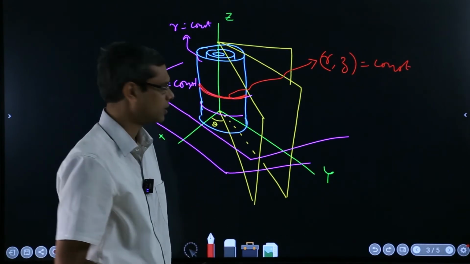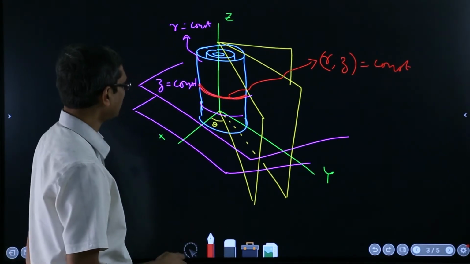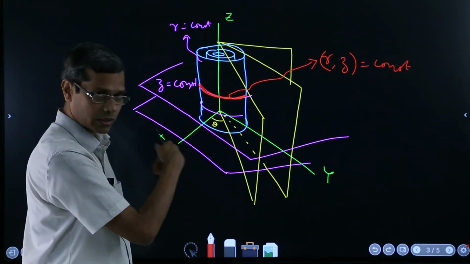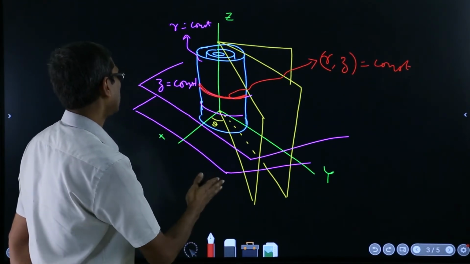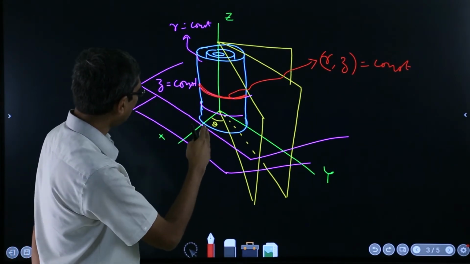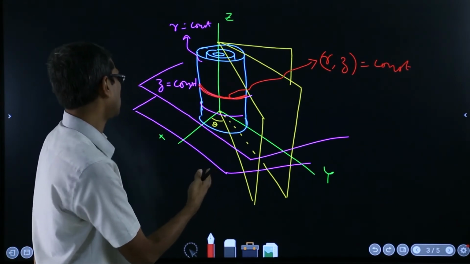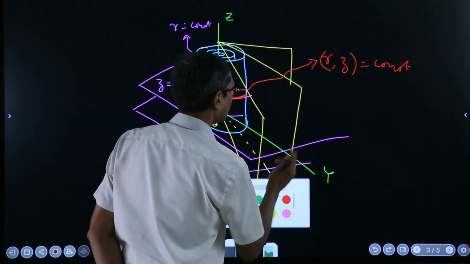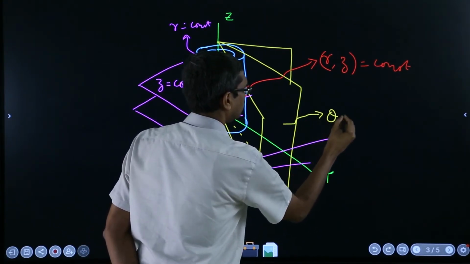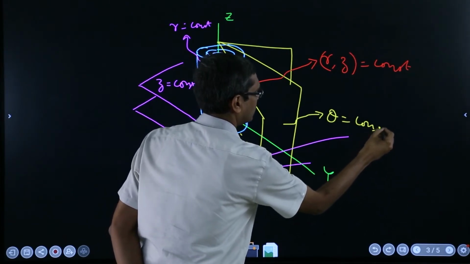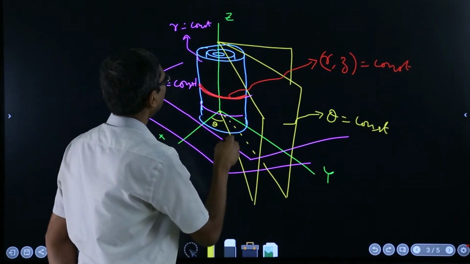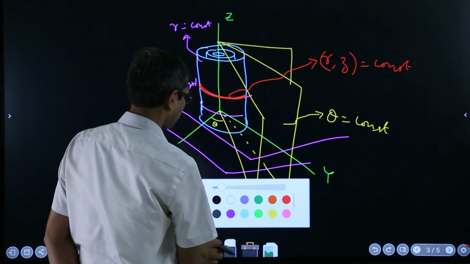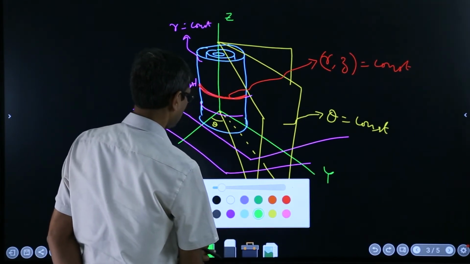These are called the coordinate lines, and you get different curves like that. Similarly, you can go for keeping theta and r constant. This is theta equal to constant and this is r constant, so the curve will look something like this.